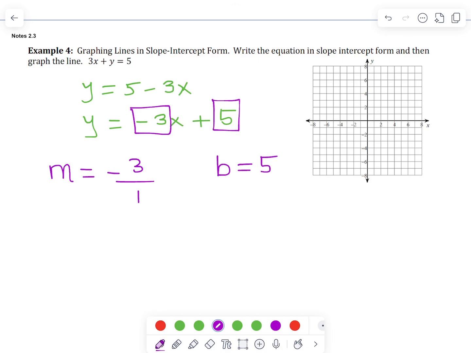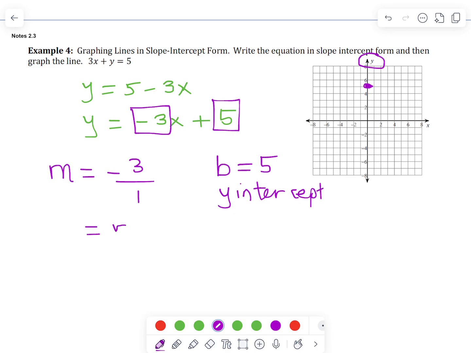So what we do first is we graph the y-intercept. So this is our y-intercept. So we go on the y-axis right here, and we're going to go up to number 5. So here's number 5, and we're going to create a point. Now we're going to do our rise over our run.